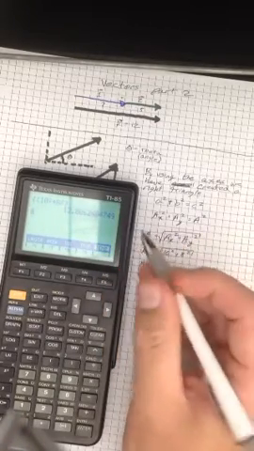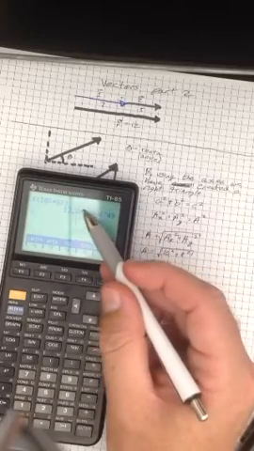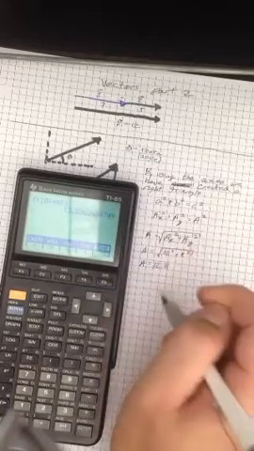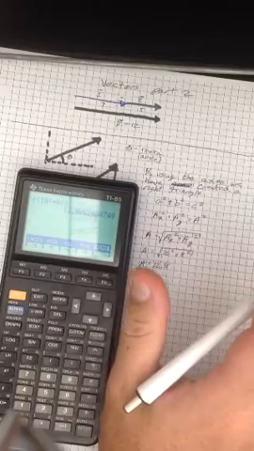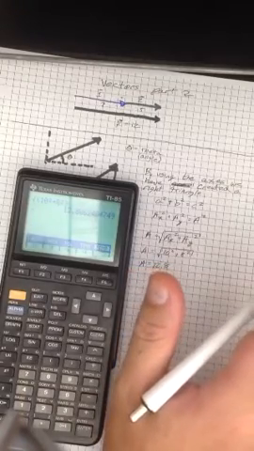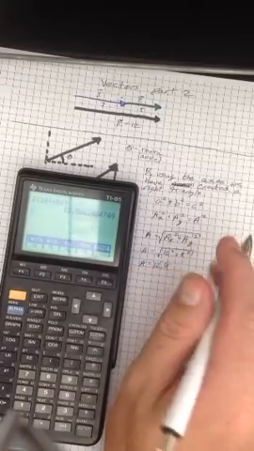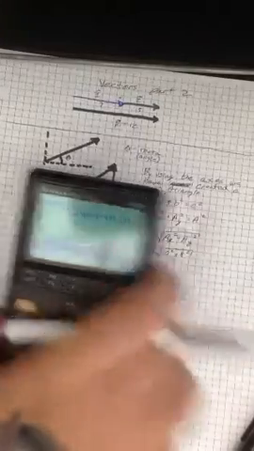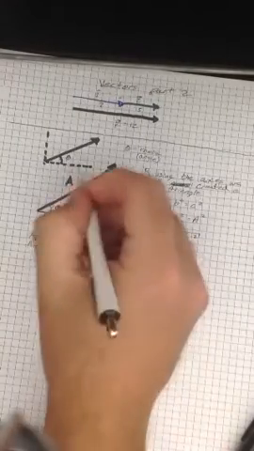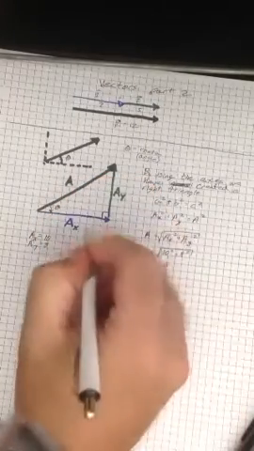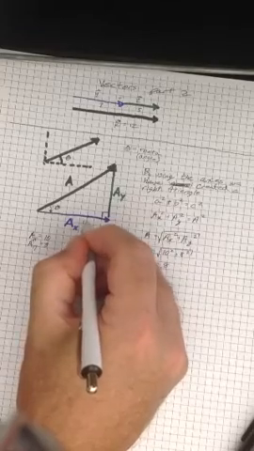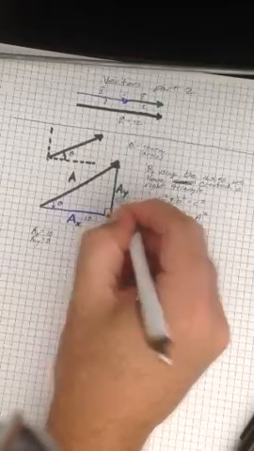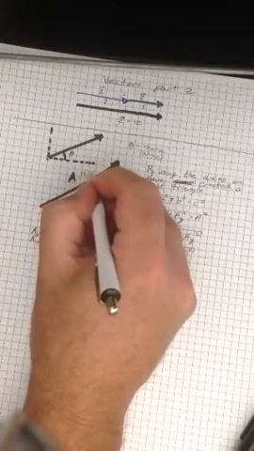The rest of the numbers I don't care about. The rest of the numbers are what we call insignificant. We want to keep it to a decent number of digits. So the length of A then is 12.8. So this one's 10, this one was 8, and this is 12.8.